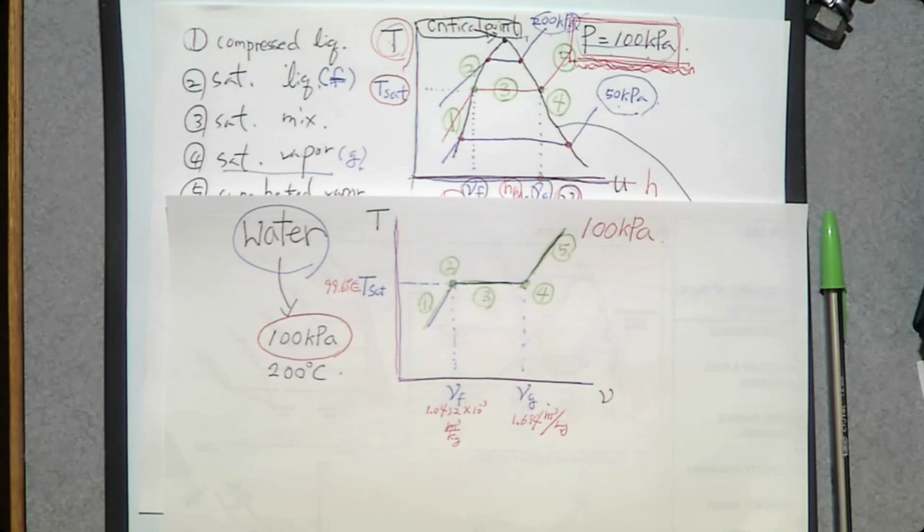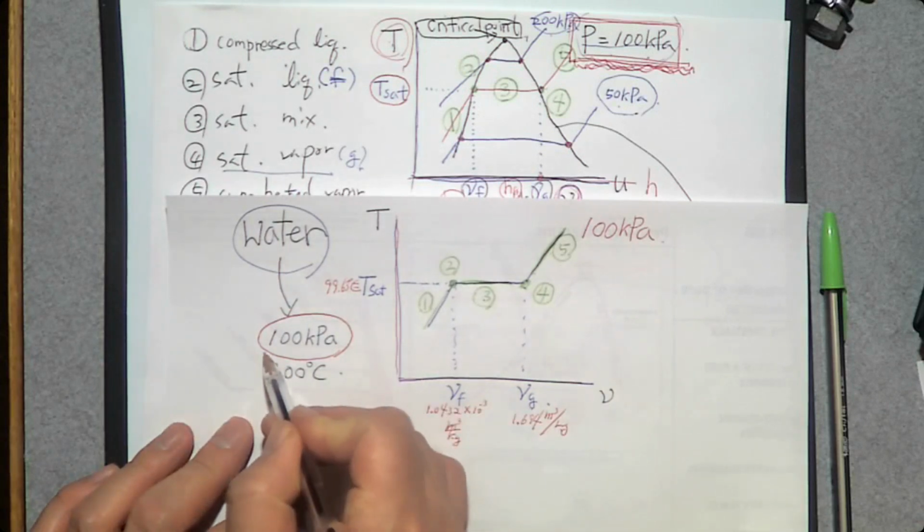So let's find 200. How can we locate our system? We know this reference value. T sat is 99. So 200 should be greater than 99, somewhere up here. So where is our system? Number 5, superheated vapor. So that's how you evaluate the phase change process of your system.